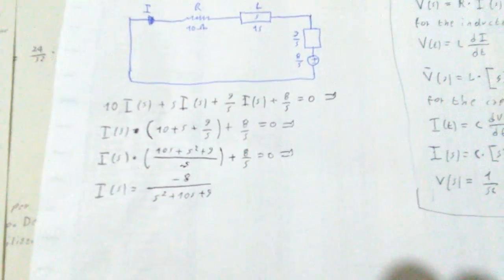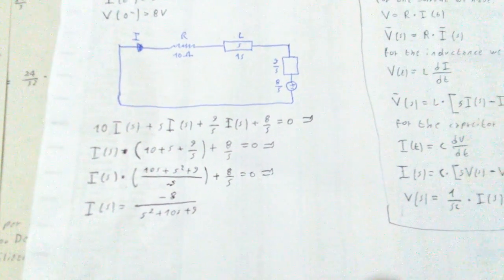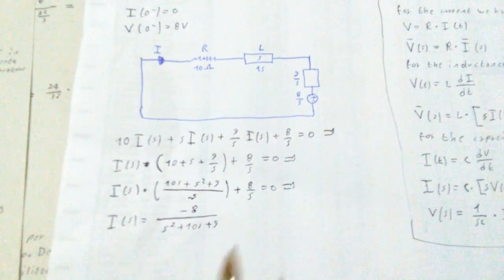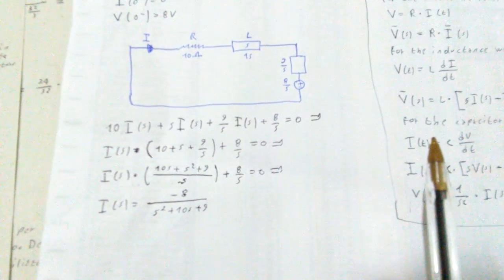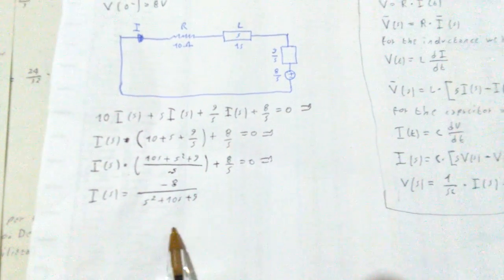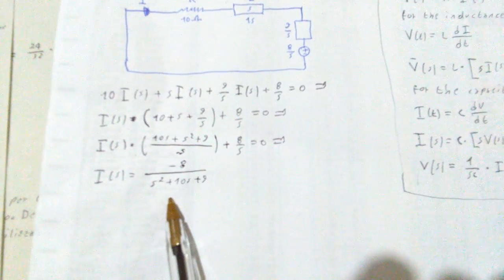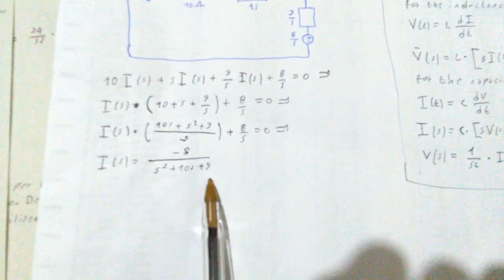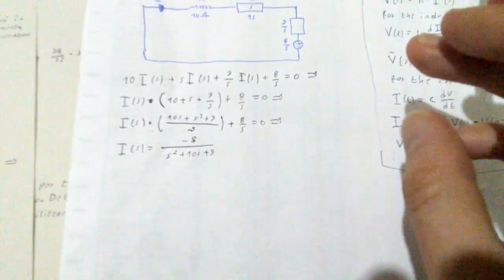Because now we have to apply the Laplace transform. In order to apply the Laplace transform, there are a few things we have to keep in mind. First of all, I have to find the roots of this polynomial, and you can do the delta. It's fine if you do the delta of s squared plus 10s plus 9, but it's also boring and takes a little bit of time.